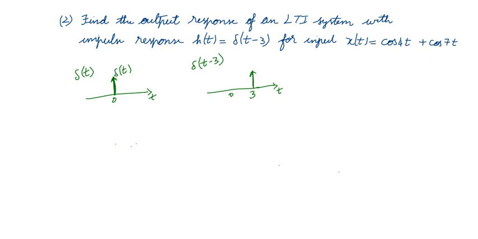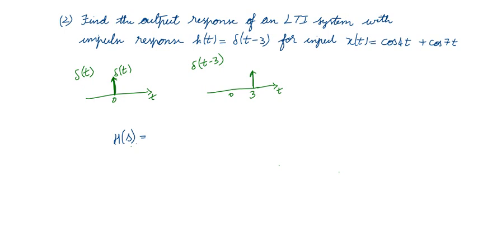Since we are not interested in sketching the signal, we are just going to find the response. So how can I find the response? Just find H of s and X of s in Laplace domain. What is H of s? H of s is nothing but the Laplace transform of delta of t minus 3. What is delta of t?